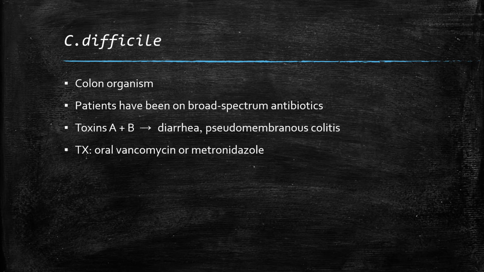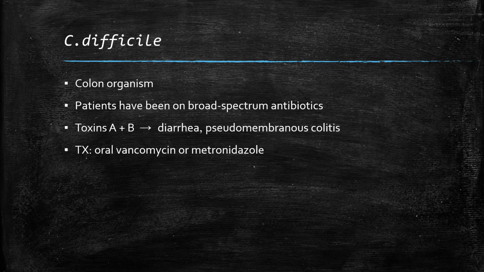Clostridium difficile infections are a source of morbidity and occasional mortality on a surgical service. This bacteria is normally found in the colon in low numbers, but in patients who have been on broad-spectrum antibiotics, the competing flora can be killed off, leaving the C. difficile to grow relatively unchecked.